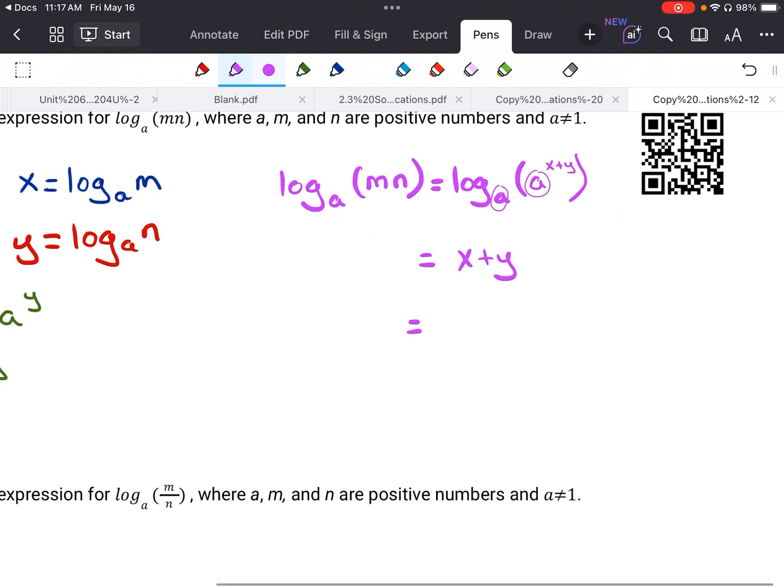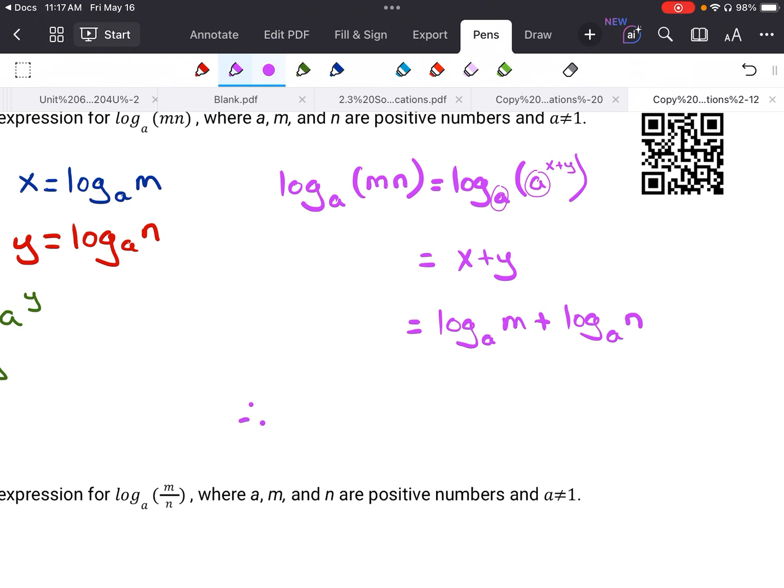Now we look back to the left side of the screen, we see x equals log base a of m and y equals log base a of n. So let's substitute those in. So we have log base a of m plus log base a of n. And that's our first law.